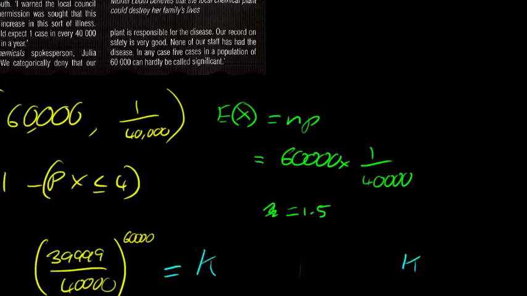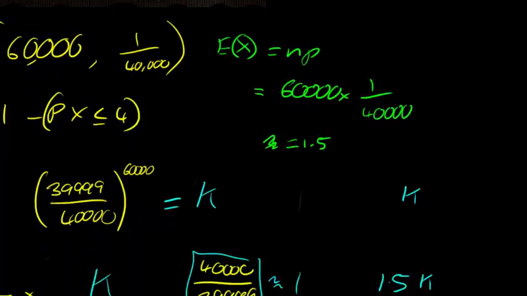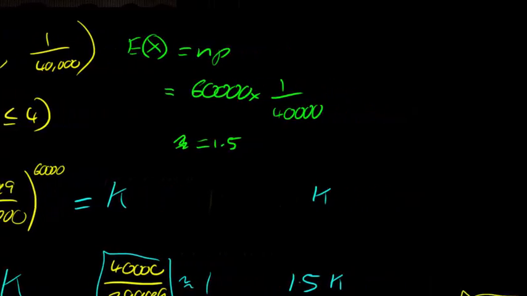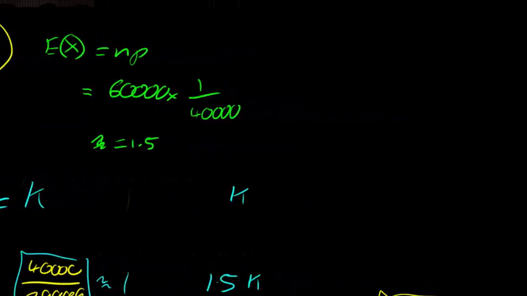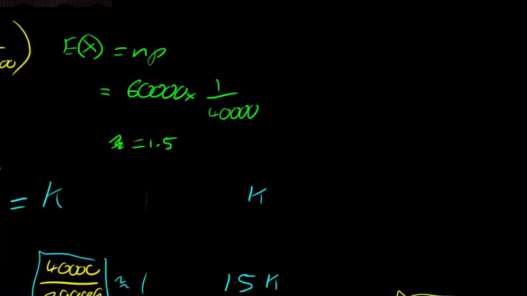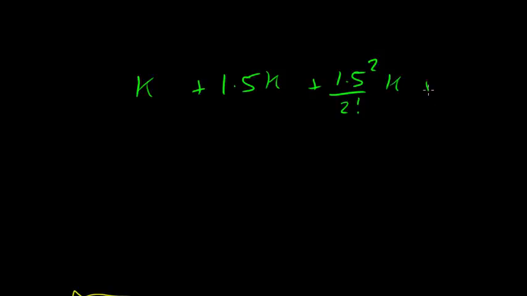And if you remember back to earlier on in the Poisson distribution, when I was doing the videos for that, we linked it into our little sequence for e to the x. And so what I'm going to get here, because I've got the 1.5, is a starting value of k plus my 1.5k plus my 1.5 squared over 2 factorial k plus 1.5 cubed over 3 factorial k. And if you remember back to that, I then said, well, hang on a mo, we've got a value of lambda.